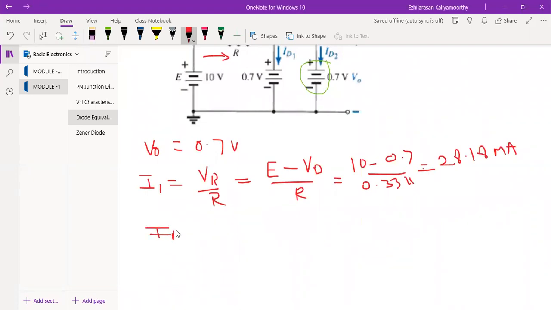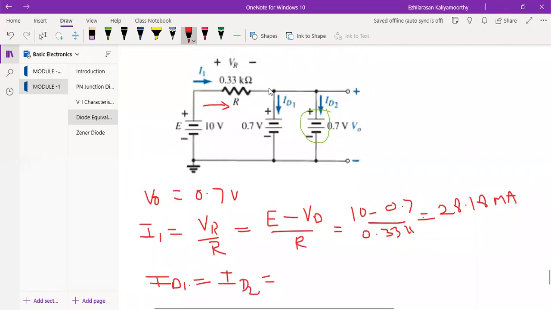So let me write ID1 is equal to ID2, because whatever the current we are having here, the same current only will go over here also. That is nothing but I. So now let me write, which current?